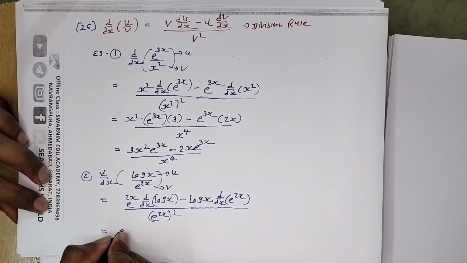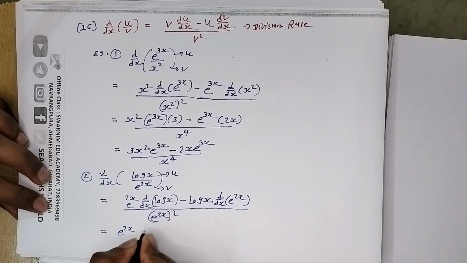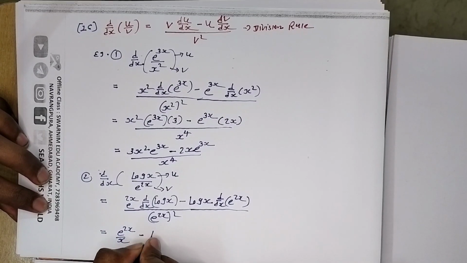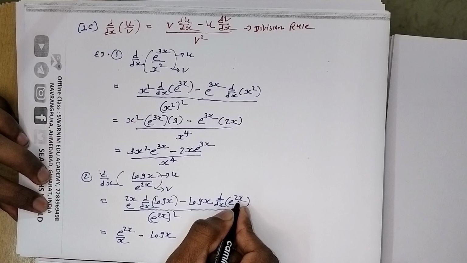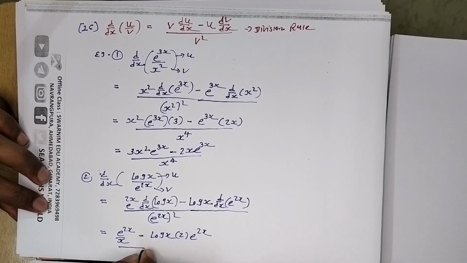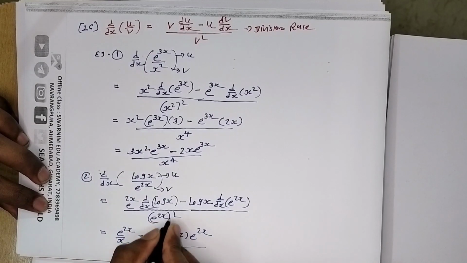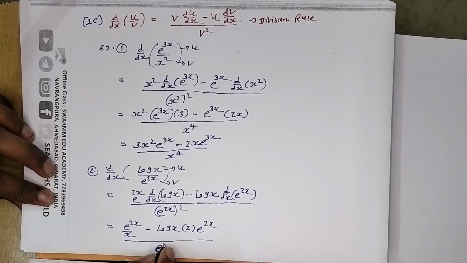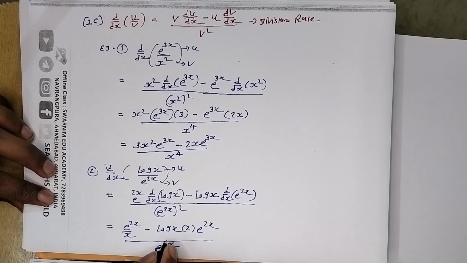Now e raised to 2x, differentiation of log x is 1 by x. So I have taken directly in division 1 by x. You may also write 1 by x separately. Minus log x e raised to 2x, differentiation is 2 e raised to 2x, and in division 2 times 2 is 4, e raised to 4x.